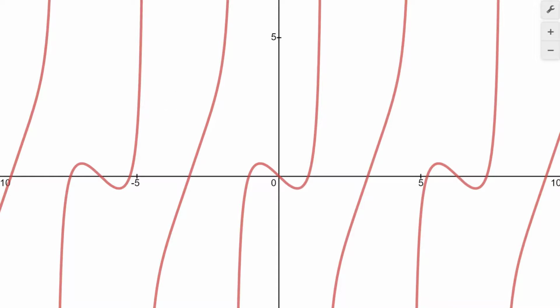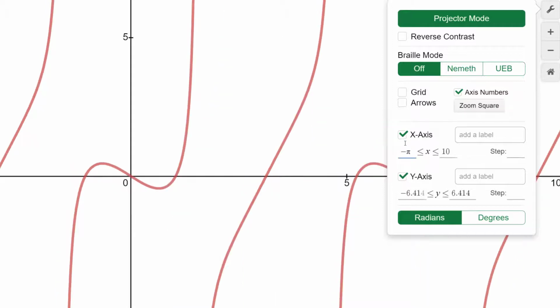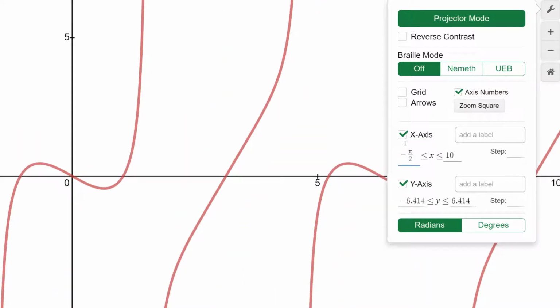All right, so you can see I actually did just graph it. This is the tangent of x minus 2 sine of x. I don't have the function visible to you on the left-hand side of the screen because I want to showcase something here. We were asked to graph this in a window going from x equals negative pi over 2 to 4 pi. So to do that, I just clicked on that little tool icon and I just have a negative pi over 2.